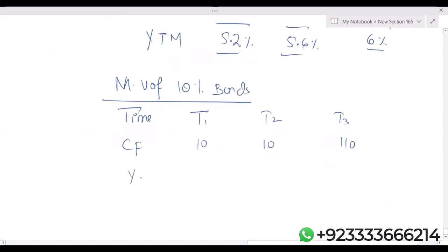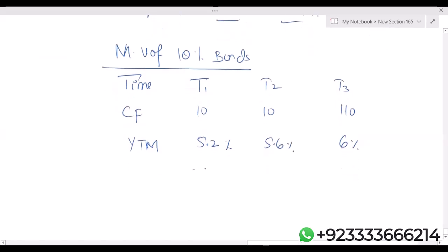Now, YTM is not the same. It is changing every year. Here it is 5.2%. So it means for calculating the present value, YTM is changing every year. So it's okay, no issue at all. 5.2% means what I'm going to do, 1.052, can I say power minus 1? 5.6 means 1.056 power minus 2.